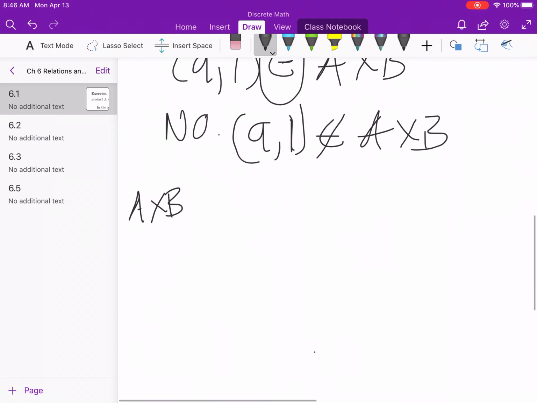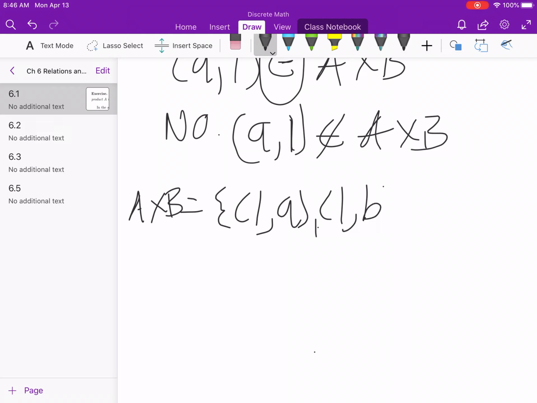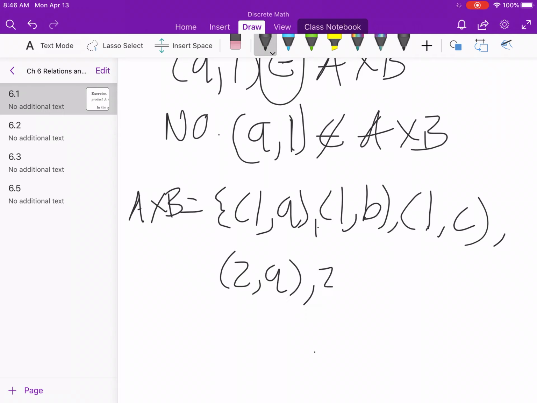So I've got (1, a), (1, b), (1, c). Then I pretty much do the same thing with the 2s: (2, a), (2, b), (2, c), doing this in a systematic way.